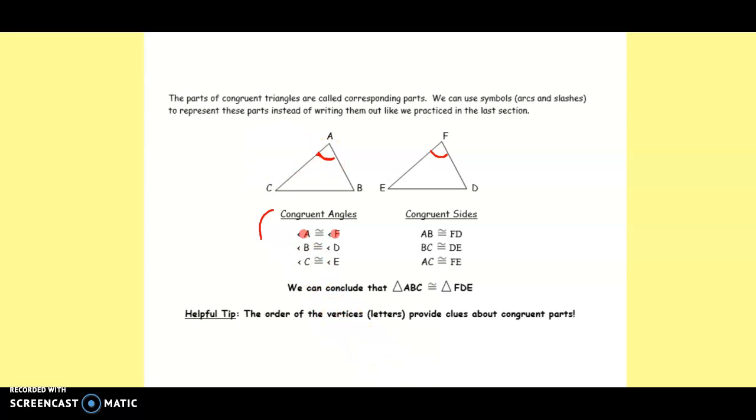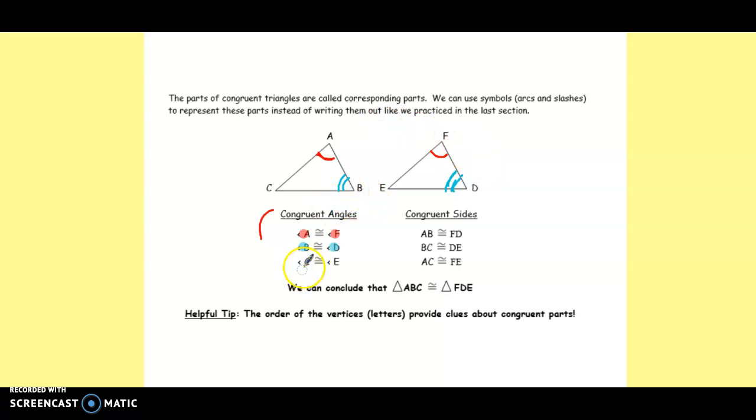And just one. Then if I move to the next angle, B and D are the same, right? So we can use that notation of the arc to make those show congruent. Now I'm also using different colors so it's easier to see. But notice that when I labeled A and F, they are congruent or alike between each other. So they are the only ones that are red arcs.